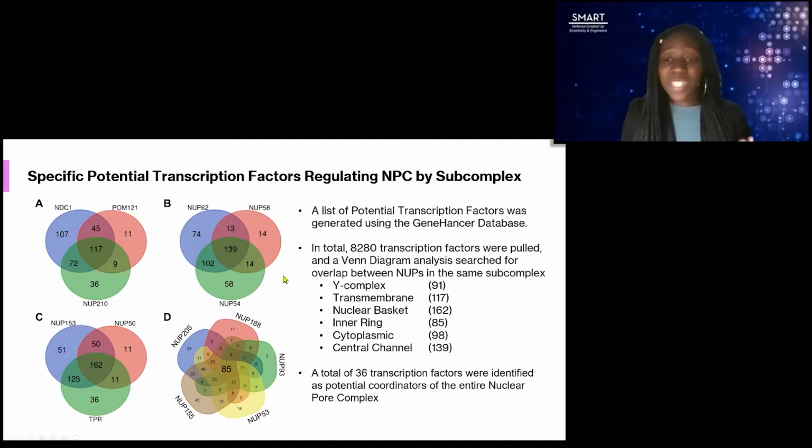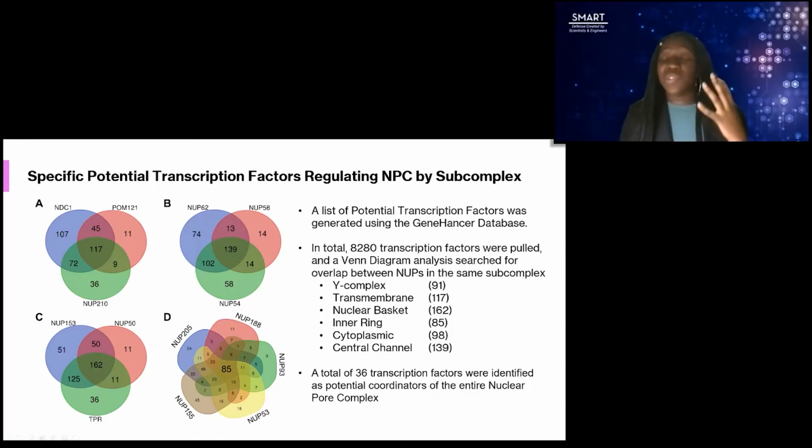And the specific numbers of transcription factors that were conserved for each of these subcomplexes are listed here. For the Y complex, 91, the transmembrane complex, 117 regulators, and so on. But when I took all 30 of the nucleoporins across subcomplex, I found a total of 36 transcription factors that were conserved to regulate the entire nuclear pore complex.